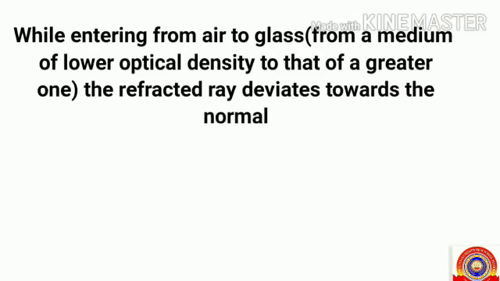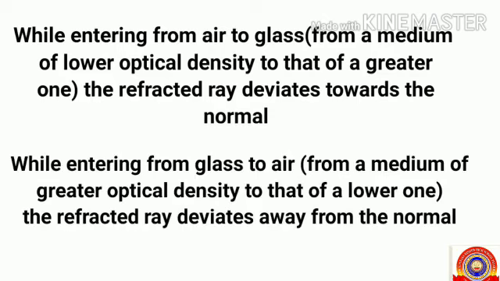So let's conclude the experiment once more. While entering from air to glass, that is from a medium of lower optical density to that of a greater one, the refracted ray deviates towards the normal. The second point, while entering from glass to air, that is from a medium of greater optical density to that of a lower one, the refracted ray deviates away from the normal.